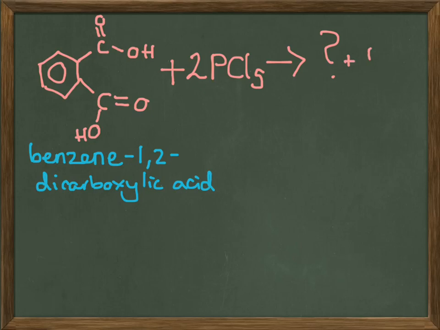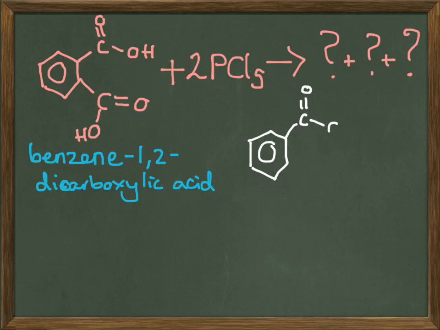Okay, you should make 3 products there. You should have realised the OH is going to be substituted on the carboxylic acid. We're going to get one acyl chloride group there and another acyl chloride group there. Notice how I've got 2 moles of PCl5.